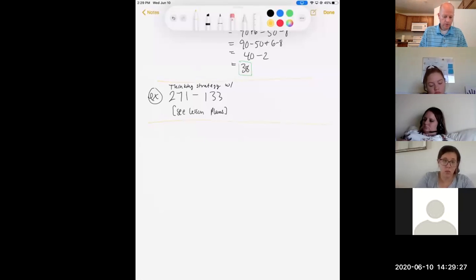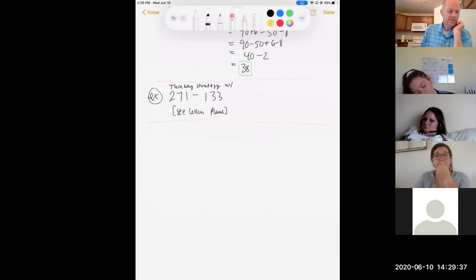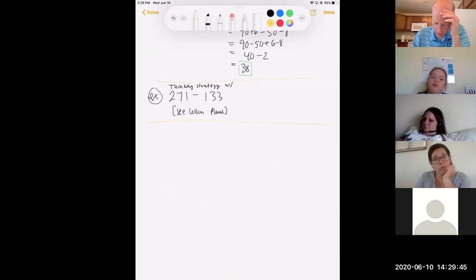After thinking strategies, we went to, okay, there's a couple of topics. Think of thinking strategies for subtracting mixed numbers. Okay, so we're going to go back to our fractions, and then we'll subtract with those.